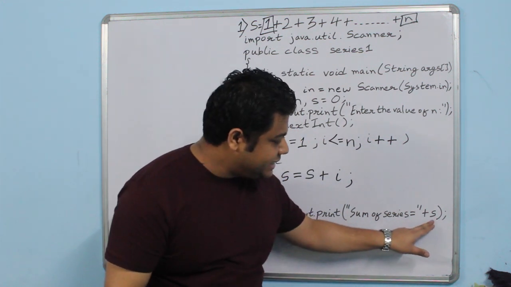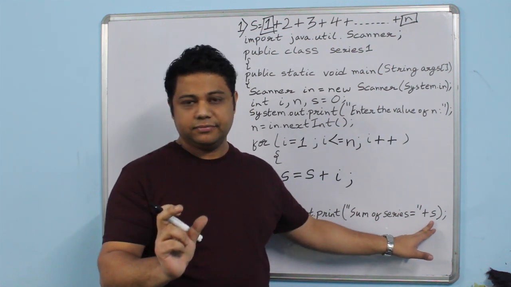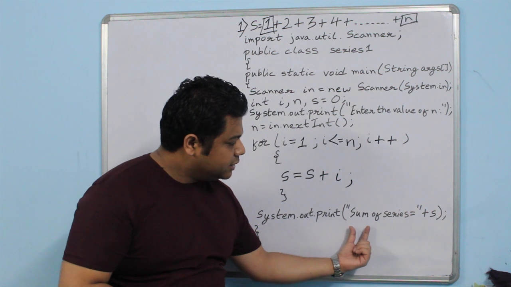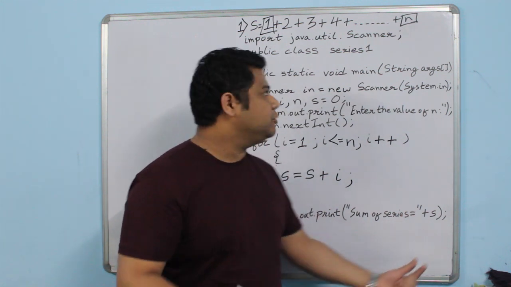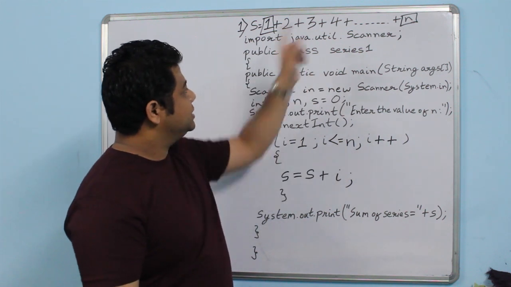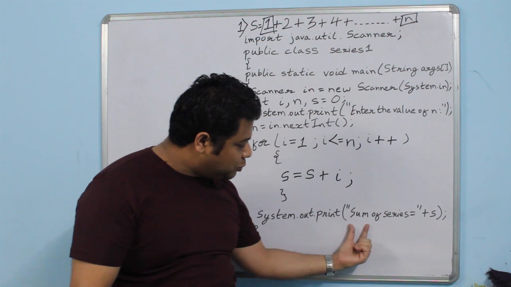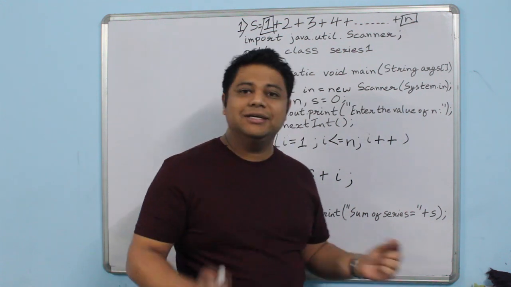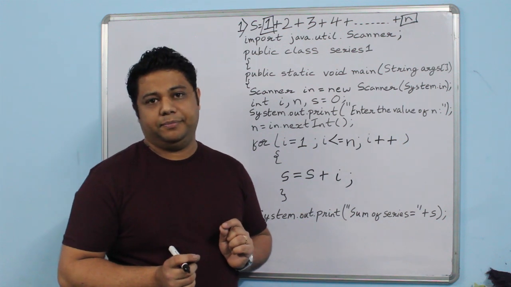And plus S. S is a variable where the value of sum of series is stored. And the final display will be sum of series equals to whatever value is stored inside S. Suppose the value of n is 3, then the value of S will be 1 plus 2 plus 3 is 6. So the output will be sum of series equals to 6. So this way we are supposed to do the program.